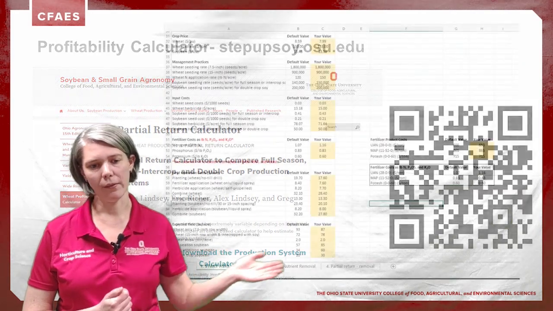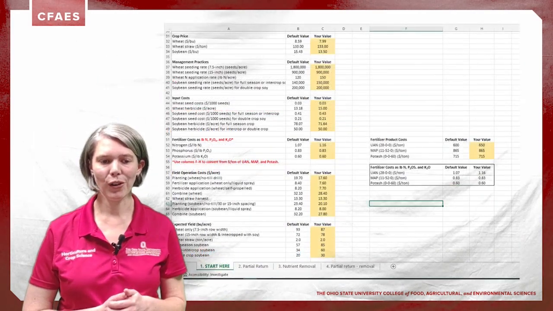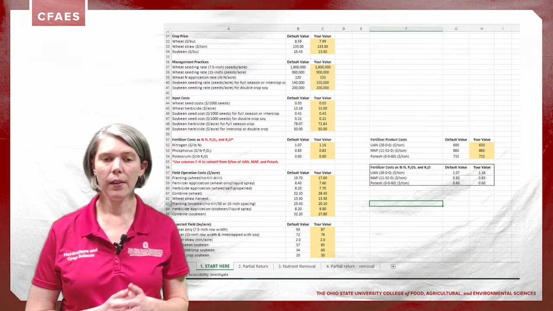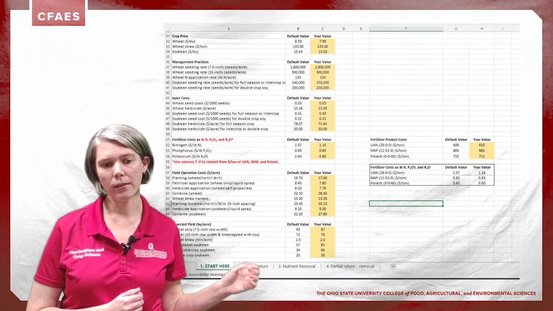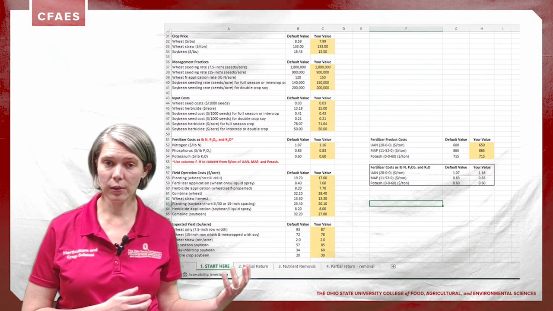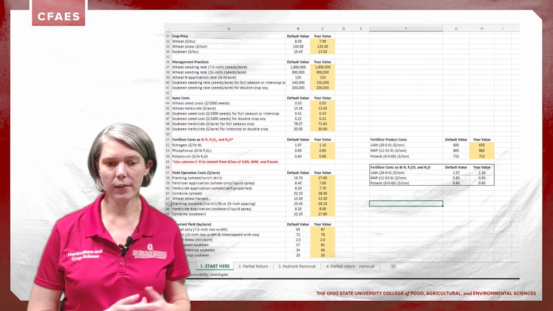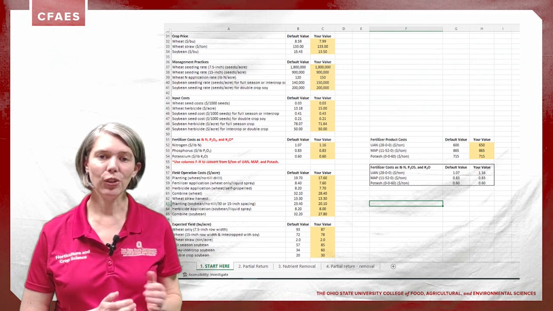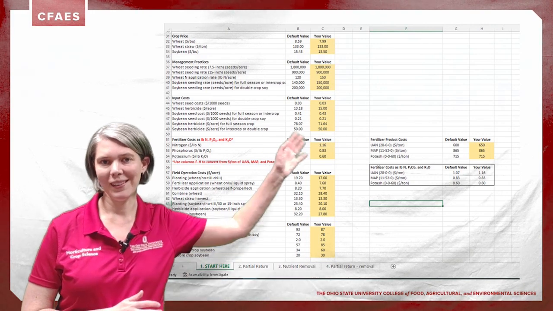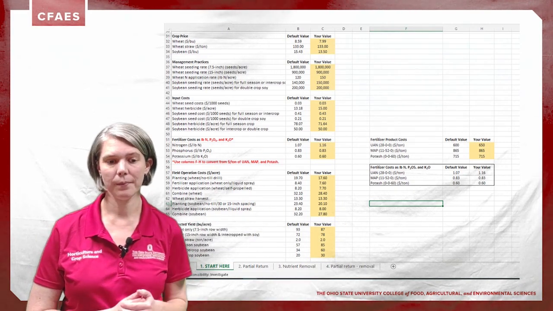When you open the Excel file, the first tab shows default prices and costs. These default prices and costs are based on Ohio State University Custom Rate Survey and Enterprise budgets. However, you can enter your own prices and costs in any of the shaded yellow cells.